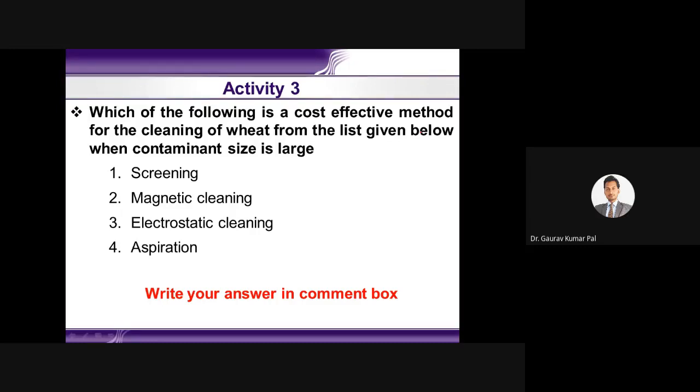Give the answer. Still four are missing. Only 36 answers I got till now. Okay, we'll move further. I think they are not present in the class. They just came, muted themselves and went somewhere.